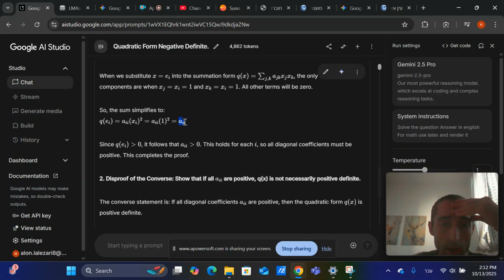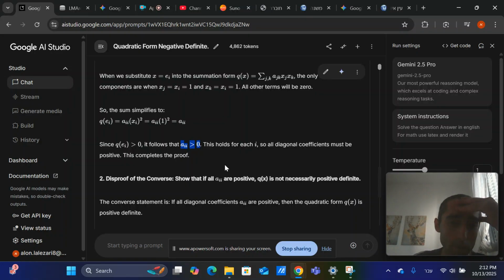So a_ii is what I get when I apply Q(e_i), and if the quadratic form is positive definite, it must be positive, namely more than 0, as it is not a zero vector. Therefore, every a_ii is positive. These are all the diagonal elements. Therefore, we proved that all the diagonal elements of a positive definite matrix, or positive definite quadratic form, are positive.